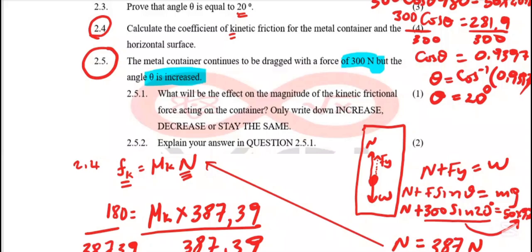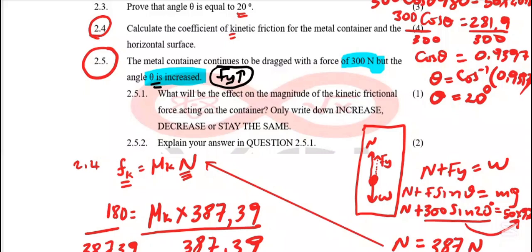So when the angle is increased, you have to memorize this thing. When you increase the angle, what will happen? The value of the vertical component increases also. So when the angle theta is increased, Fy increases also.